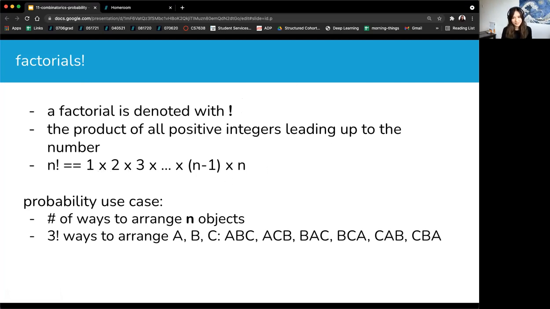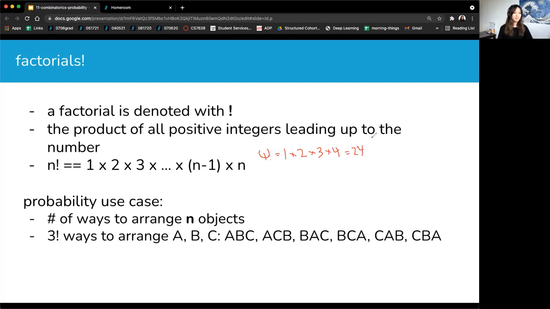Basically that's saying that 4 factorial equals 1 times 2 times 3 times 4, which is 24. So that's what a factorial is. It's a very common mathematical way of multiplying numbers. So anytime you see an exclamation mark with a number, that's what's happening.